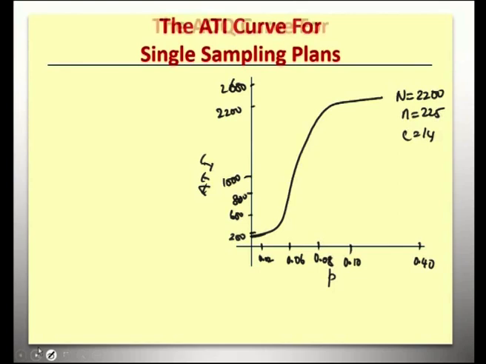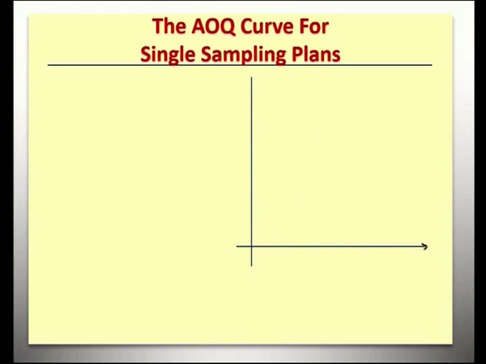Next we shall draw the AOQ curve. Again we plot small p against AOQ. P values are 0.02, 0.04 and so on up to 1.0, and the AOQ values start from 0.002, 0.006, 0.008 and go up to 0.042.